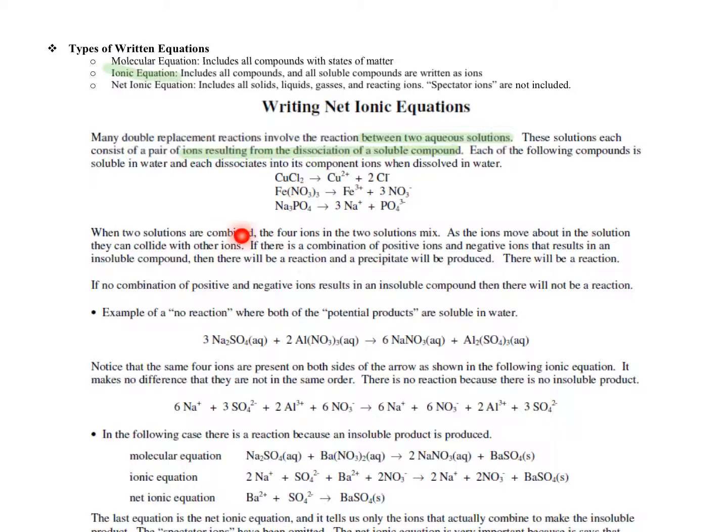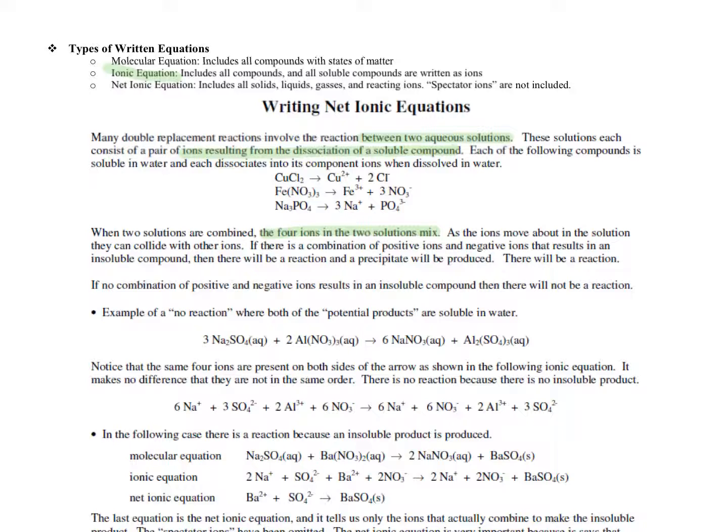So when 2 solutions are combined, the 4 ions in the solutions mix. As the ions move about in the solution, they collide with other ions. Okay, I put the solid in the water. It breaks apart into the ions. The ions are constantly moving, so they'll hit another one. New positives and new negatives will interact, which will create new compounds.